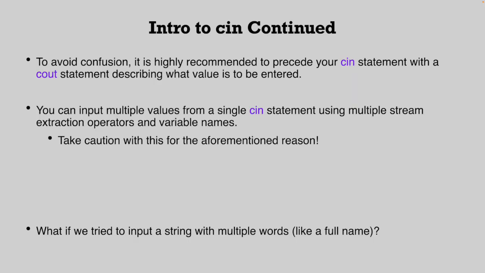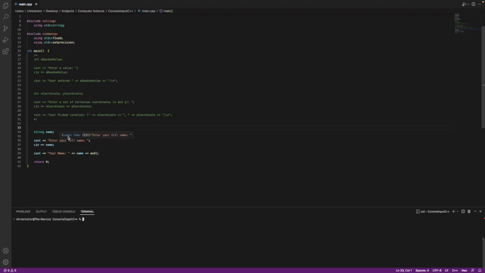So now what would happen if we tried to input a string with multiple words? For example, if you wanted to enter someone's full name. Let's see that. Here at the bottom, we have a string for our name, and we're going to try entering our name with the cin here, and we're going to see what happens.